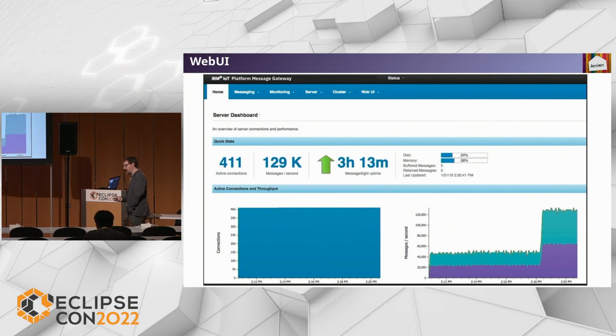But you can also configure servers that way, and the web UI is effectively a separate install, and one web UI can monitor and control lots of server instances. And under the covers, the web UI is just using the REST interface of the server. So anything you can do in this user interface, you can automate as well.